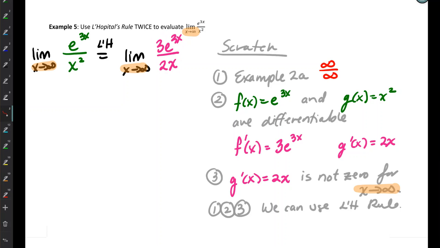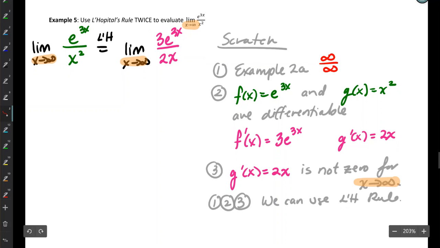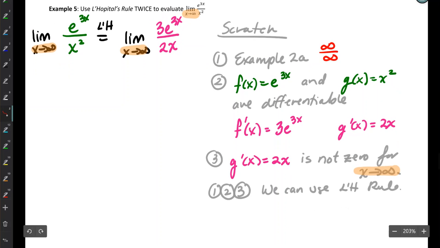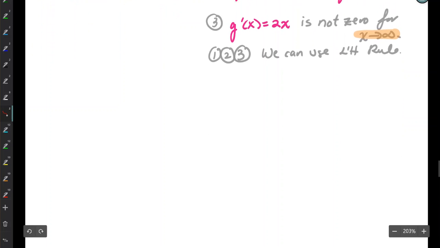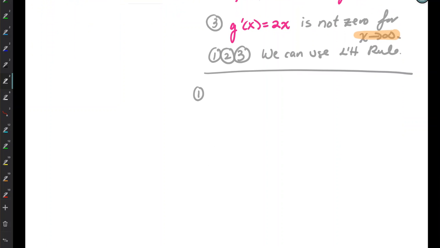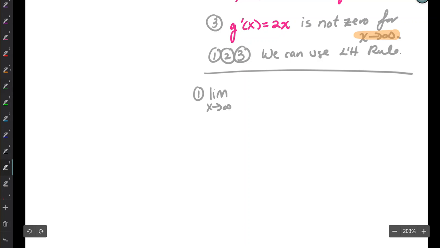So we're going to go through and do the scratch work right below here for using L'Hopital's rule a second time. The limit as x approaches infinity of 3e to the 3x all over 2x is also indeterminate.